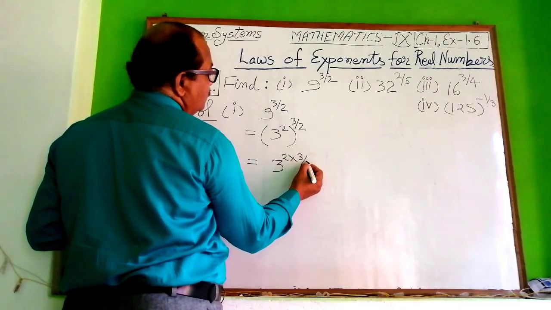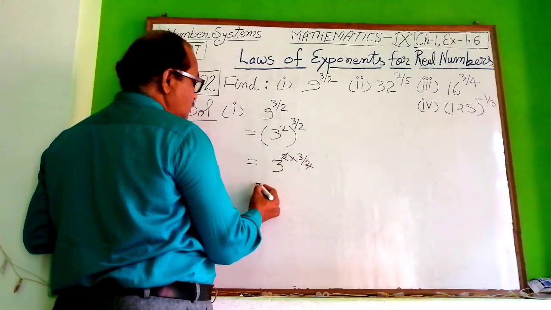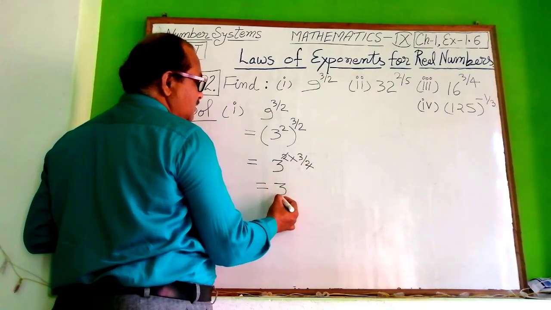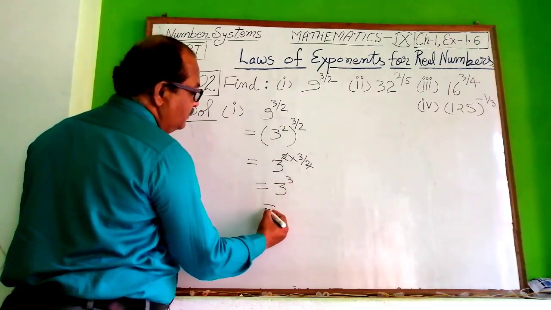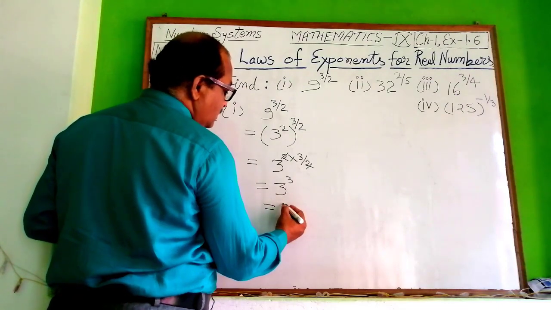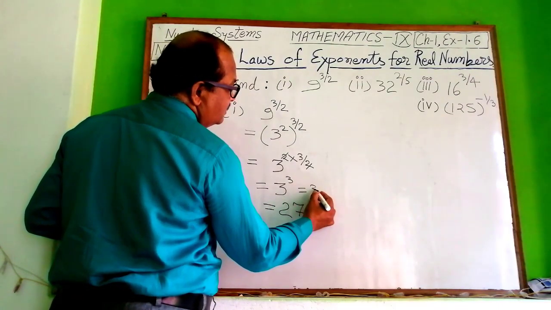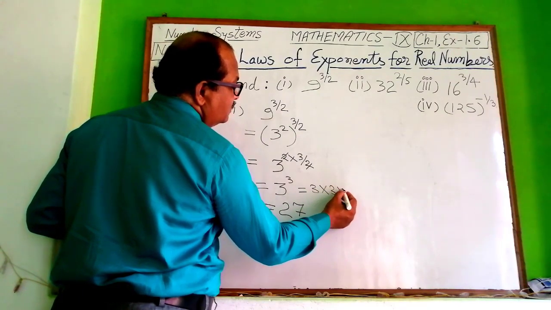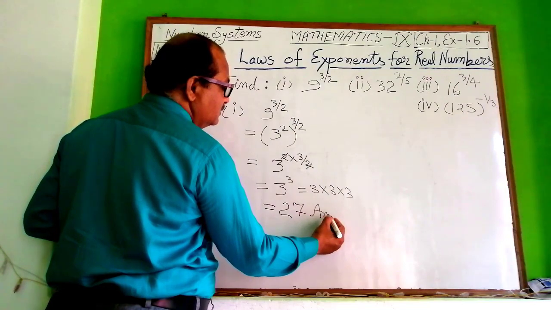So 3 upon 2, you can cancel the 2 with 2, and you get 3 raised to the power 3, or 3 cube. If you multiply 3 times, your answer will be 27. This can be written as 3 into 3 into 3, and it will give you 27.